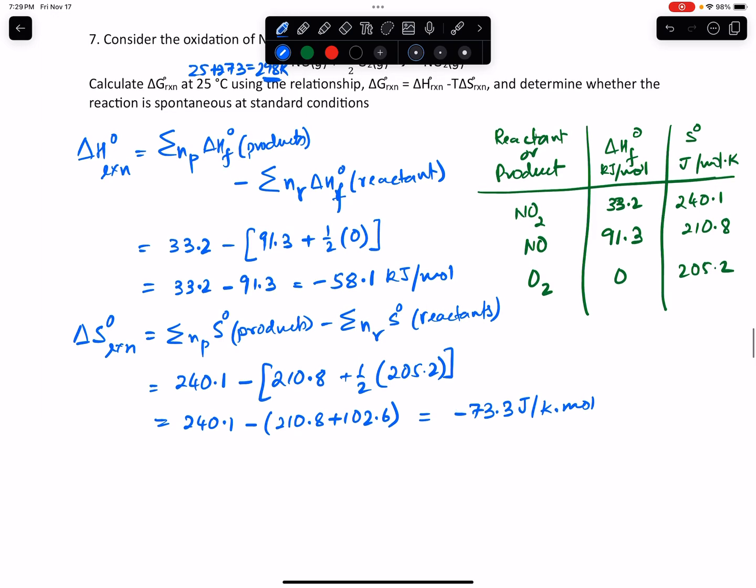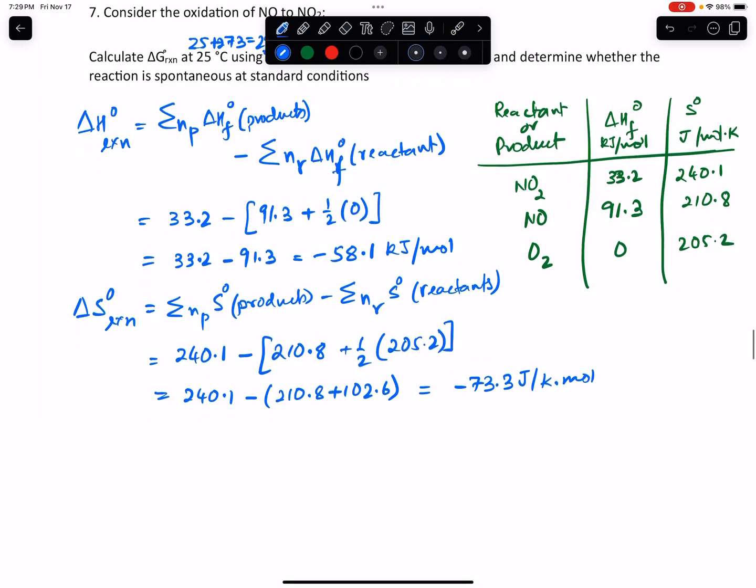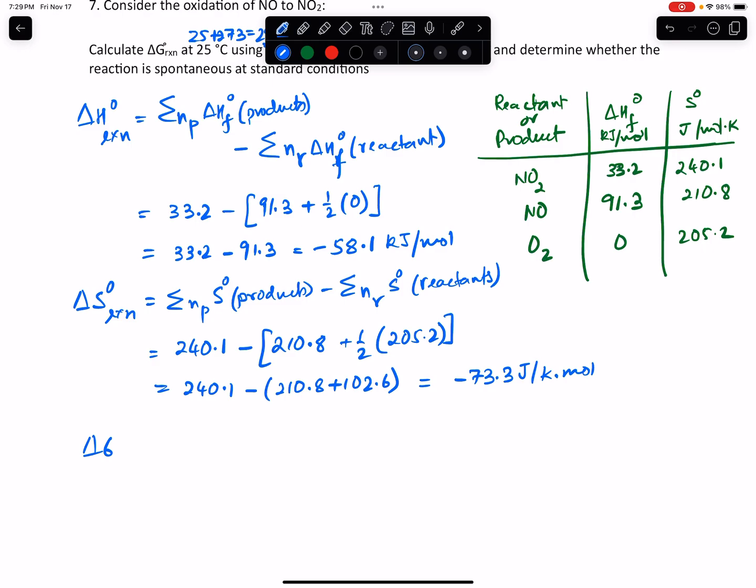Let's plug that in: delta G naught of the reaction is equal to minus 58.1 kilojoule per mole minus 298 Kelvin times negative 73.3 joules per Kelvin per mole.